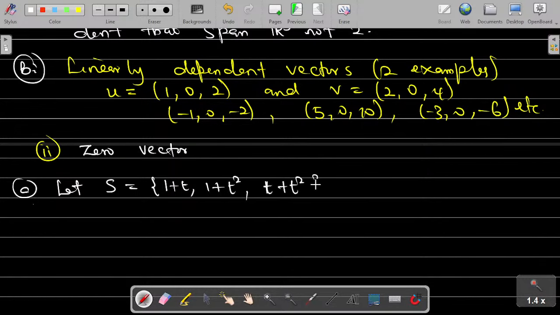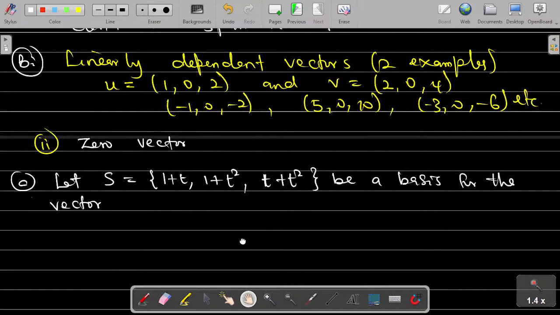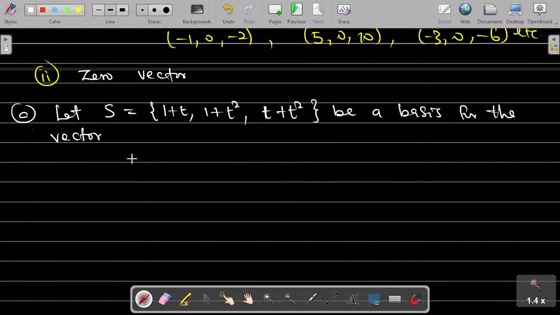They said let this be a basis for the vector space P2.